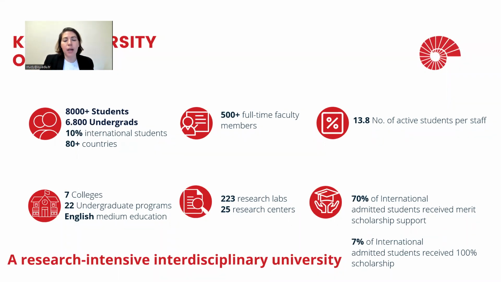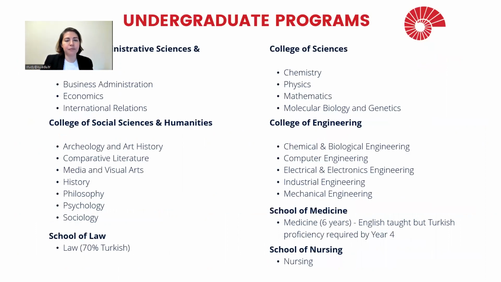And also, as many of you said that you're interested in scholarship opportunities, please know that we're very proud of the fact that 70% of the international admitted students for the last cohort in fall 2022 received some type of merit scholarship support, whether that was partial or full, that covers tuition.